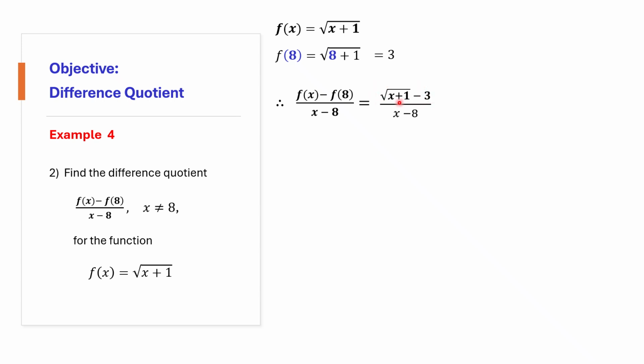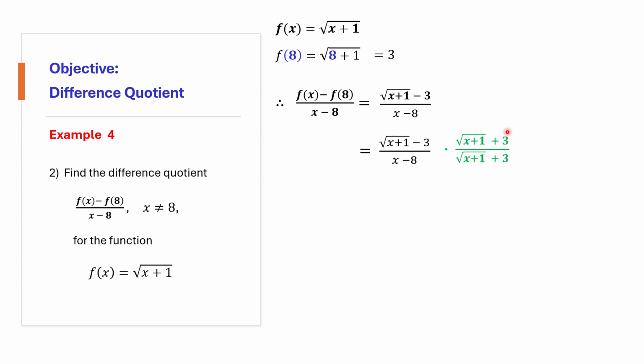Because the numerator contains a radical, and we can see two terms, so we can rationalize this by multiplying this fraction by its conjugate. The conjugate of the numerator is the same terms with an opposite sign, so this negative becomes plus. Take note, I multiply this with square root of x plus 1 plus 3 and the same expression in the denominator.